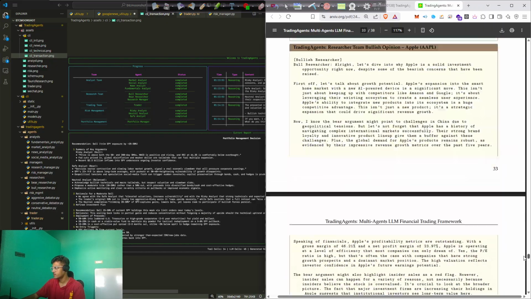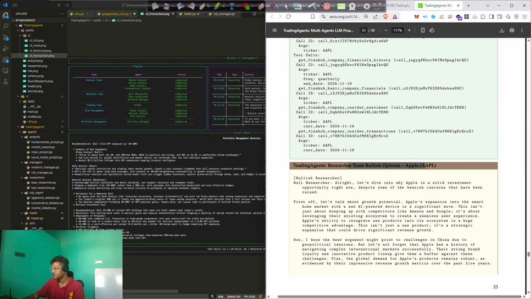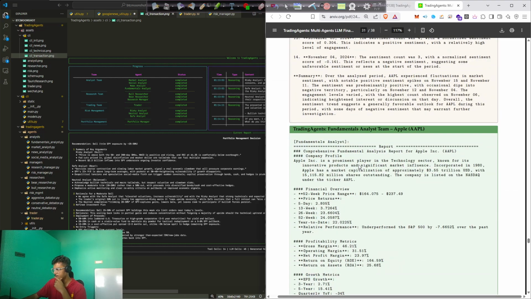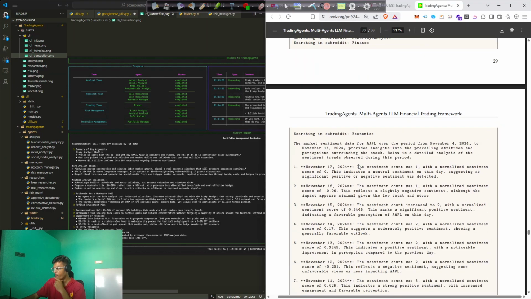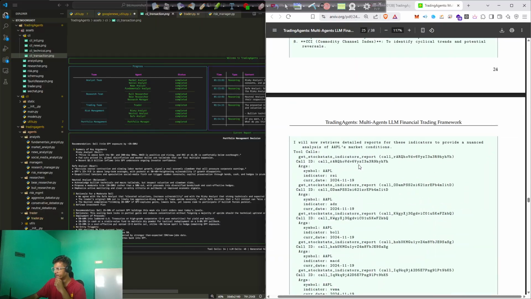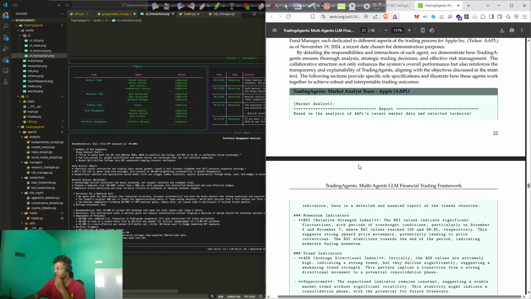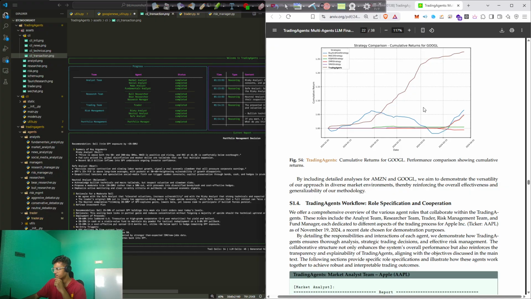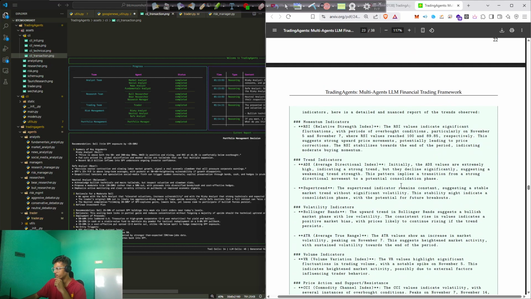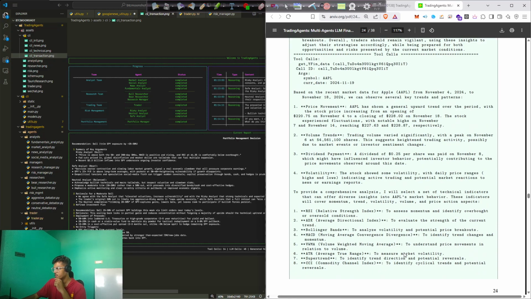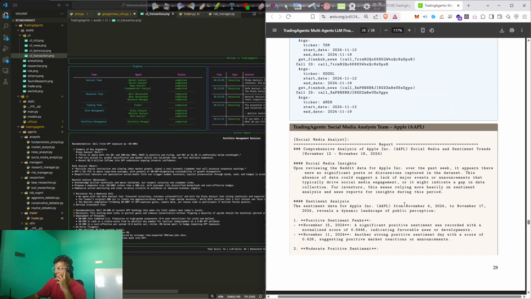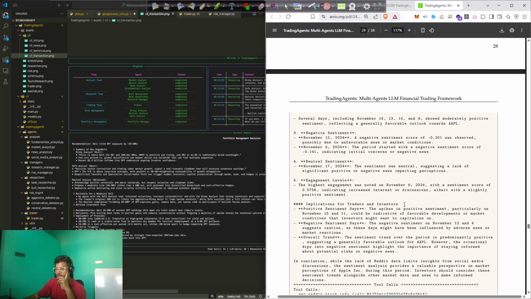Appendix, right? Yeah, this one. Trading agents, market analyst team, Apple, role specialization and cooperation. Okay. I think we're going to be reading this in detail later on, because we have to analyze it further.